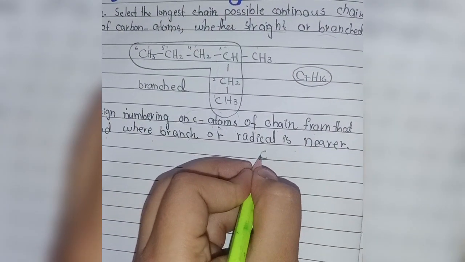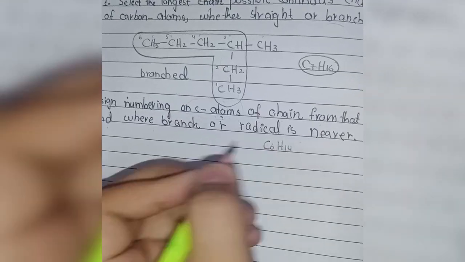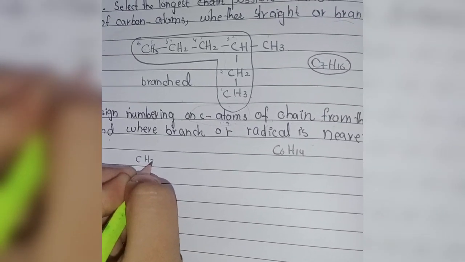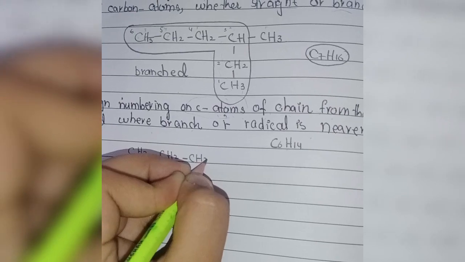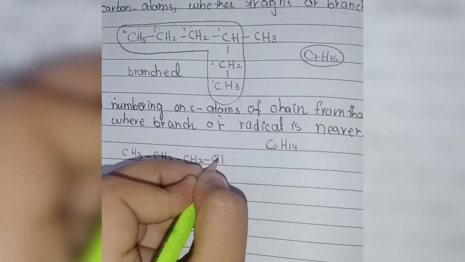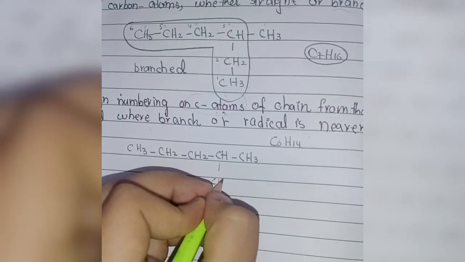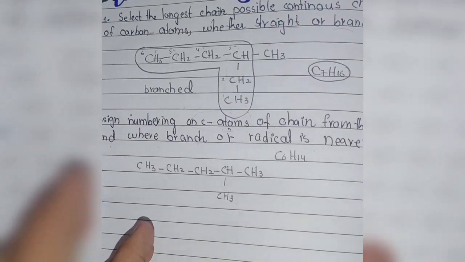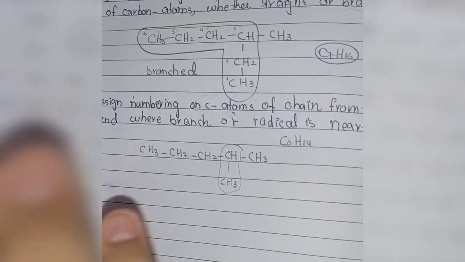The hexane formula is C6H14. Okay, so here we have CH. Now see, we have to assign the numbering from where the radical is nearer.